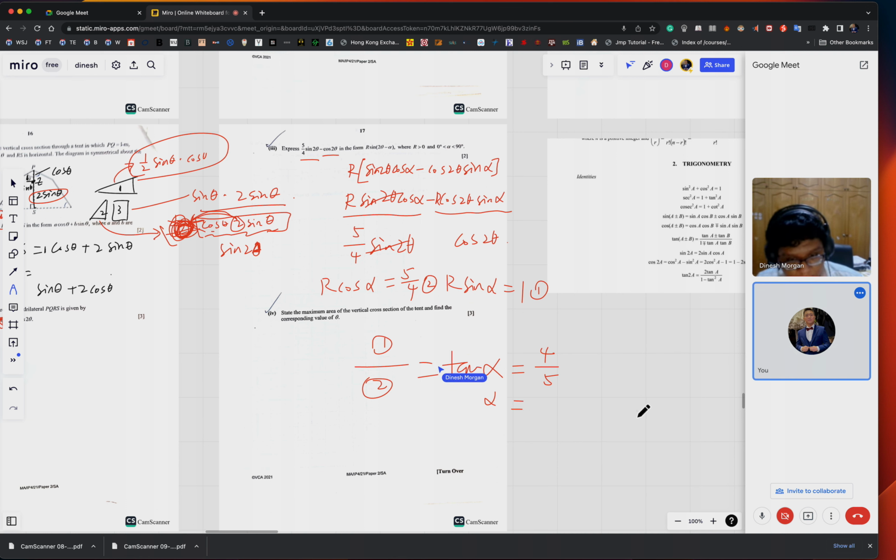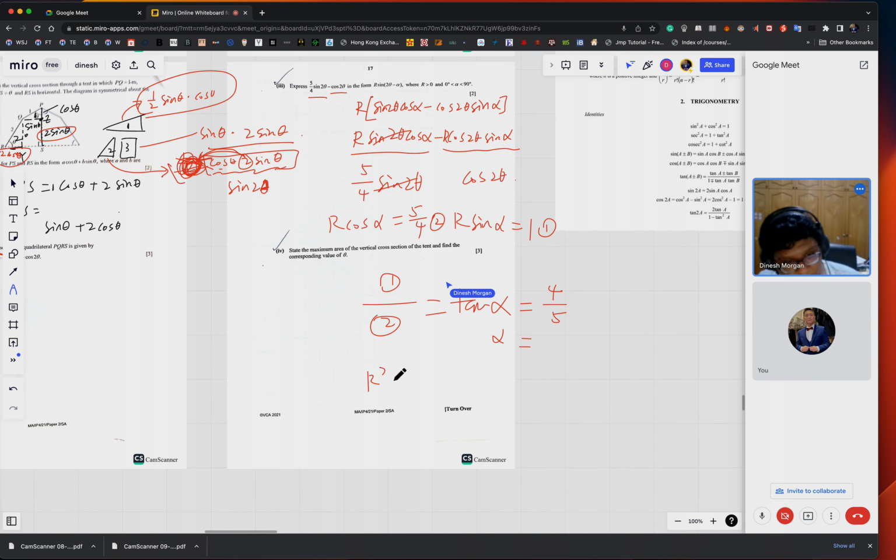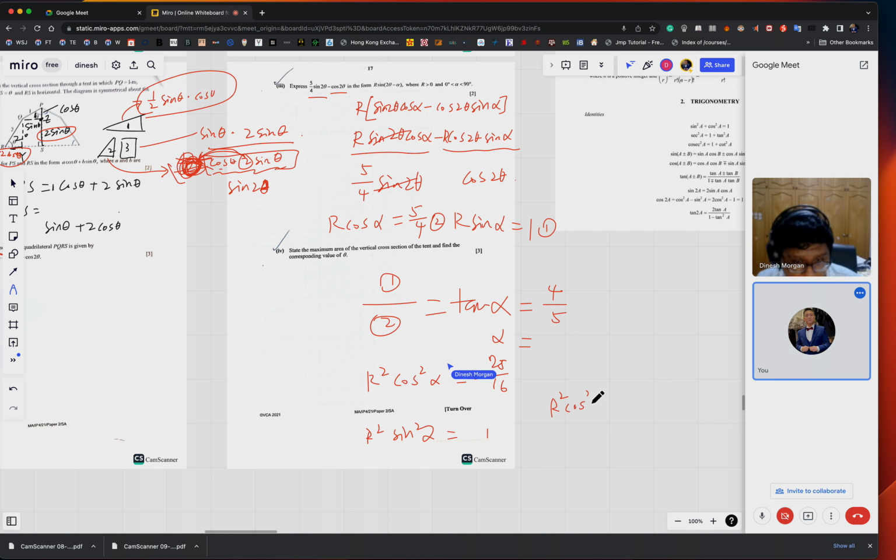Then you need to get your R also, right? To get R, you just square everything, and then you square this also, and after you square, you just add. So R squared is equal to 25/16 plus 1.